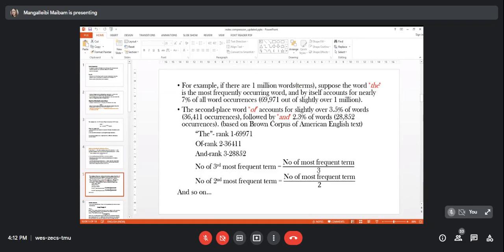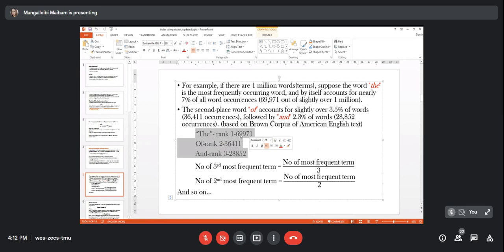Okay, so that is the example shown here. If you consider this as a term, and this number of frequency is there in the collection, its rank is 1. It has the highest frequency, so the highest frequency is the maximum number and rank is 1.